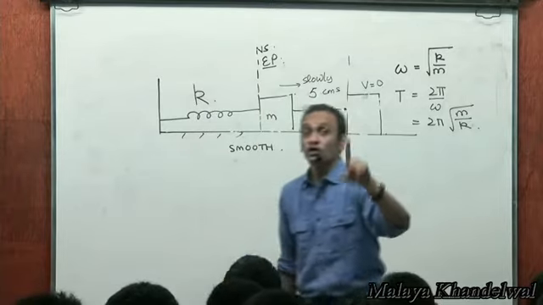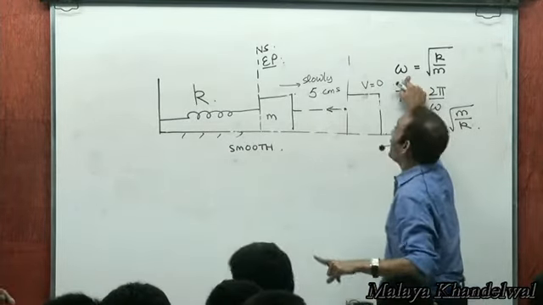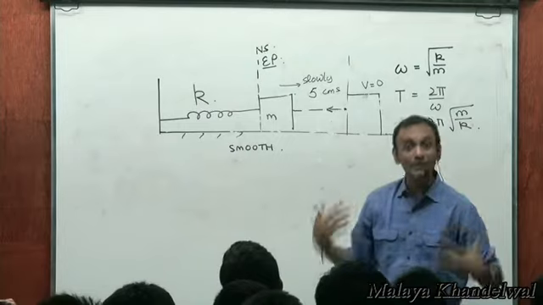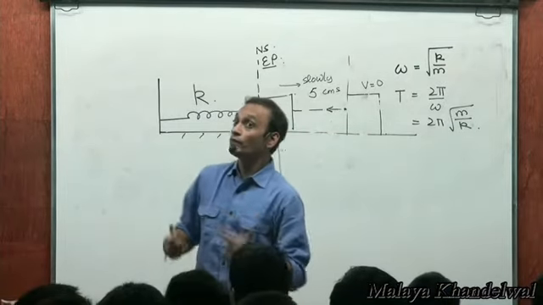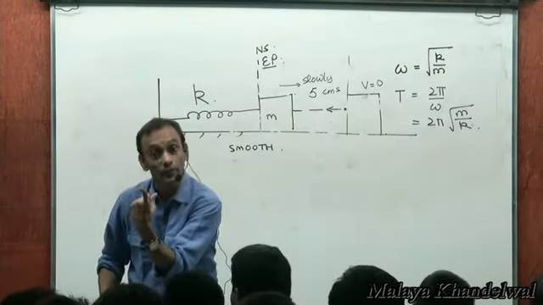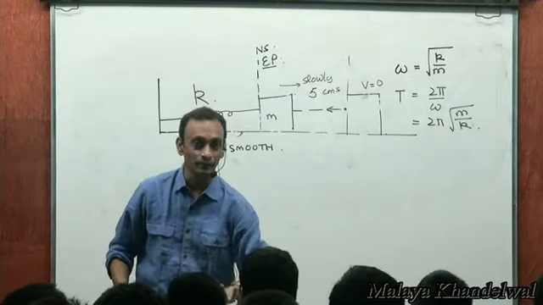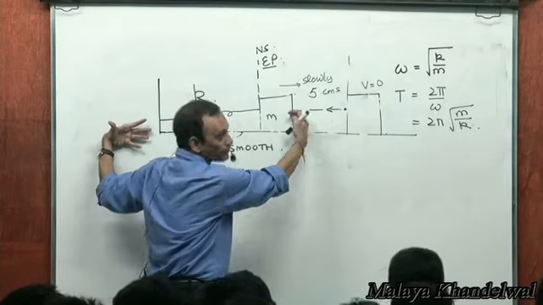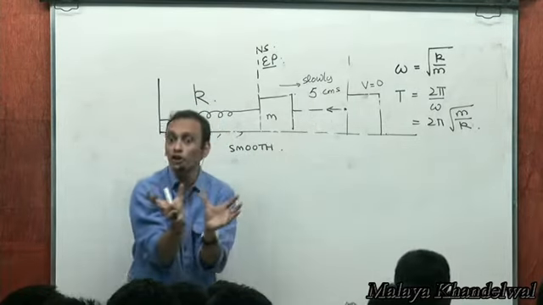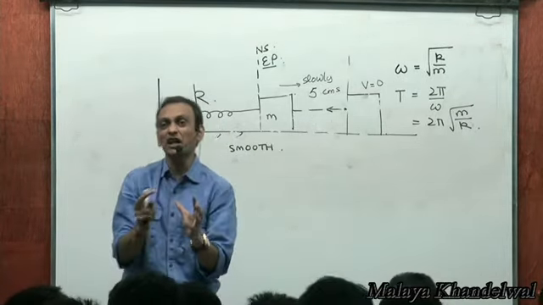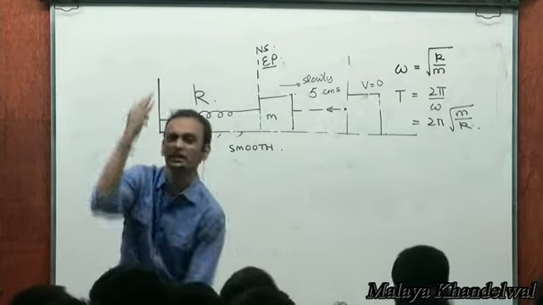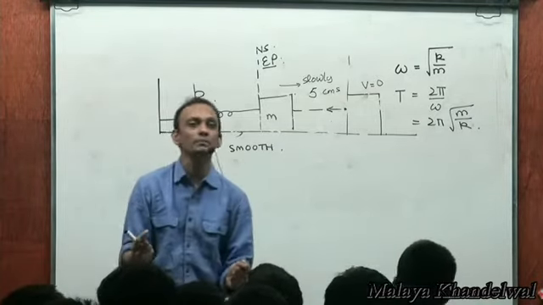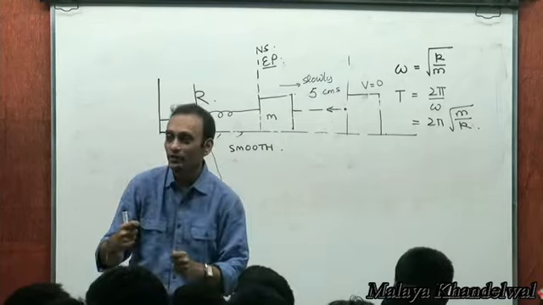Meaning therefore, even though omega and amplitude are fundamentals to the motion, you have handle over amplitude but you don't have handle over omega. For a given oscillating system, until and unless you get brutal with the spring, break it up into 5 different pieces, use one piece one way, another piece another way.